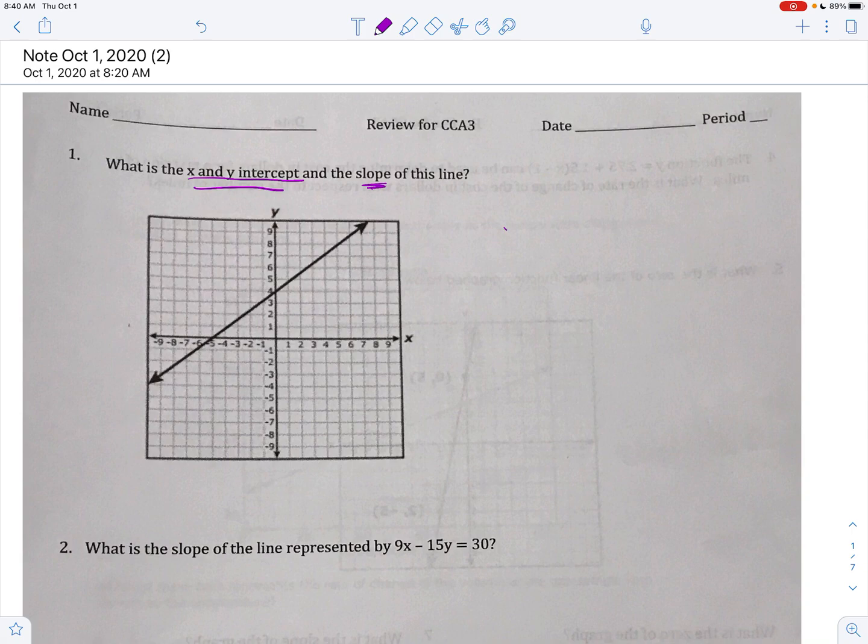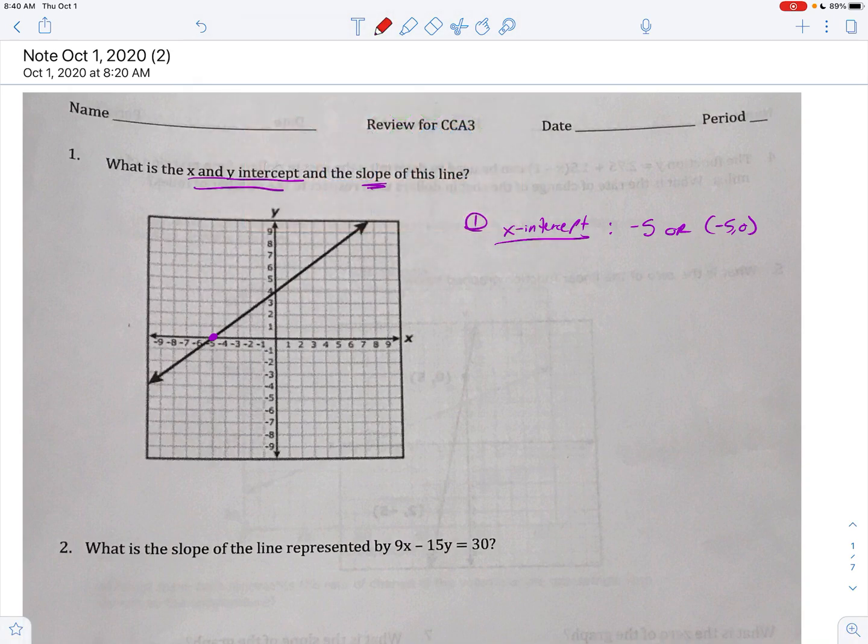Note that when we're dealing with the x-intercept, we're talking about the point where the graph crosses the x-axis, right? So this is our x-axis, and the point where the graph crosses this x-axis is right here at -5. So our x-intercept is -5, or we write (-5, 0).